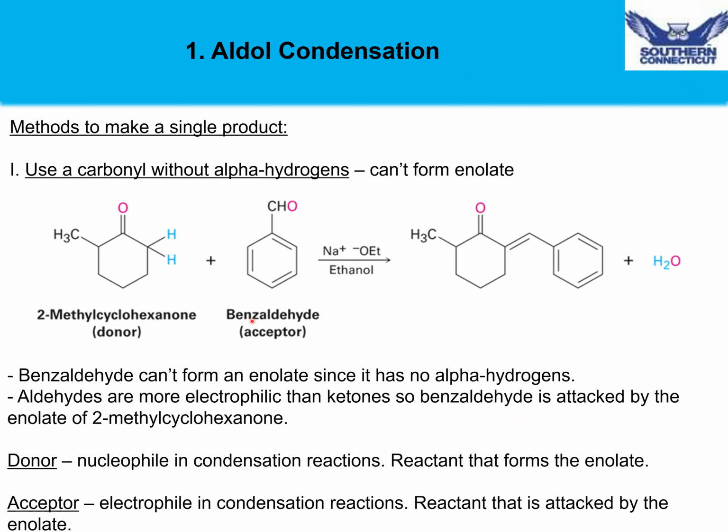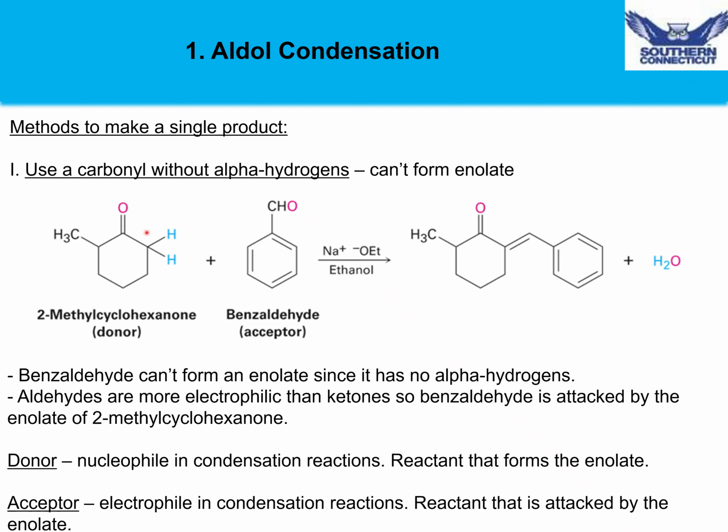In addition, by using an aldehyde and a ketone, generally, since aldehydes are more electrophilic than ketones, we can ensure that the aldehyde will be the electrophile in the reaction. And combining an aldehyde that can't form an enolate with a typical ketone, we can ensure that a single aldol product is obtained from the cross-aldol reaction.